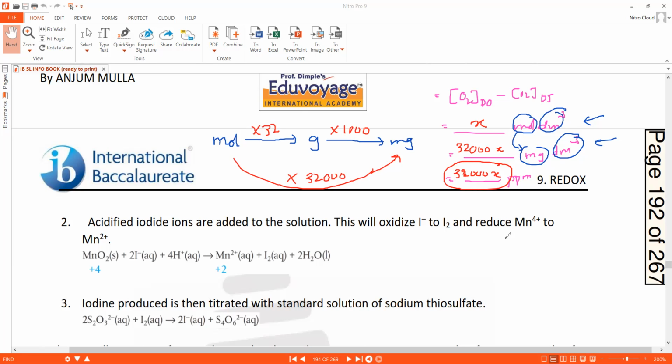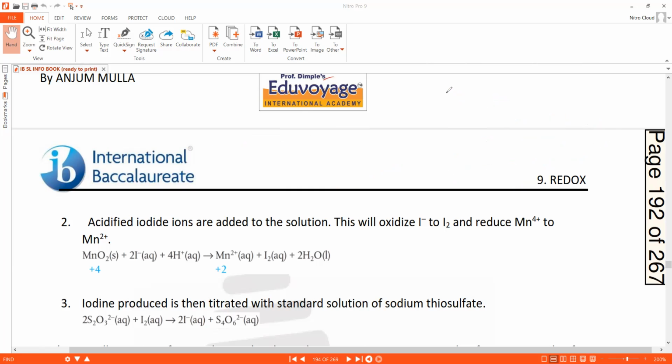This is the range of the answer that you get, because the number of moles you get is a very small value, in the range of 10 raised to minus 4, 10 raised to minus 5. So when you multiply by 32,000, you will get a value less than 10.